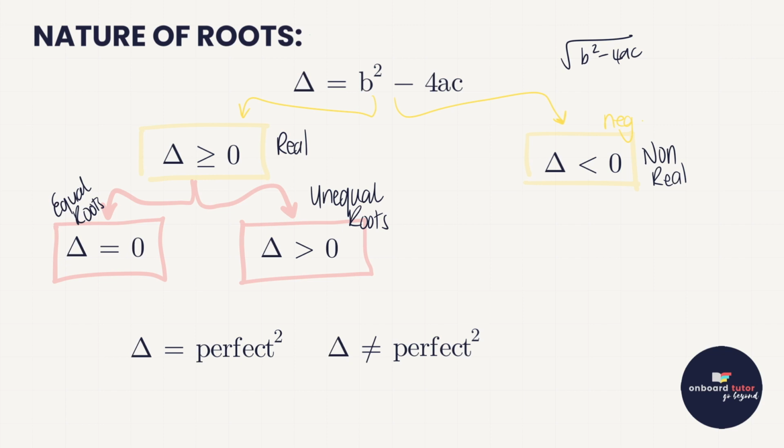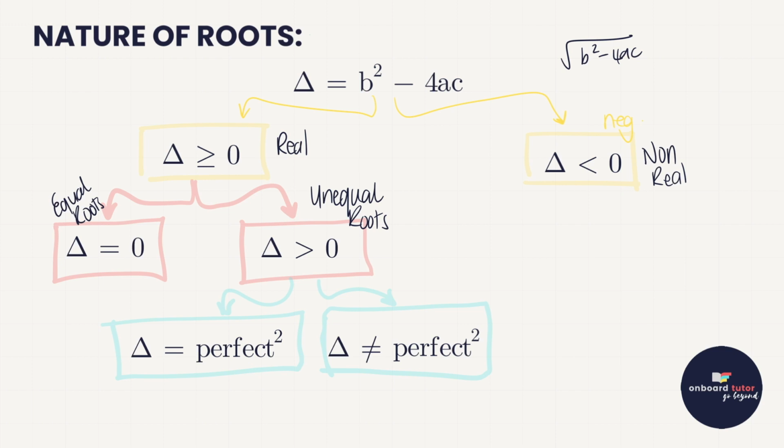And then finally, we have one last split. Either those unequal roots are going to be in the form of a perfect square or not a perfect square. A perfect square is a number like 1 or 4 or 9, where you have two identical factors that multiply by each other.